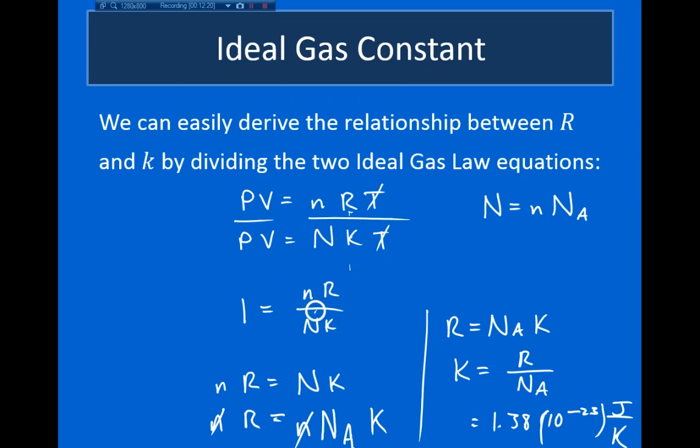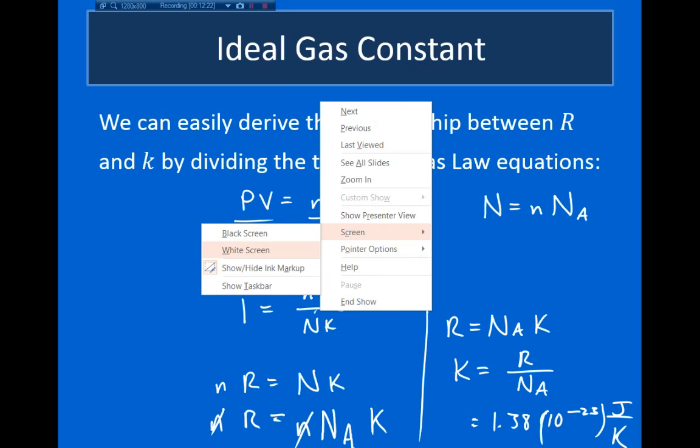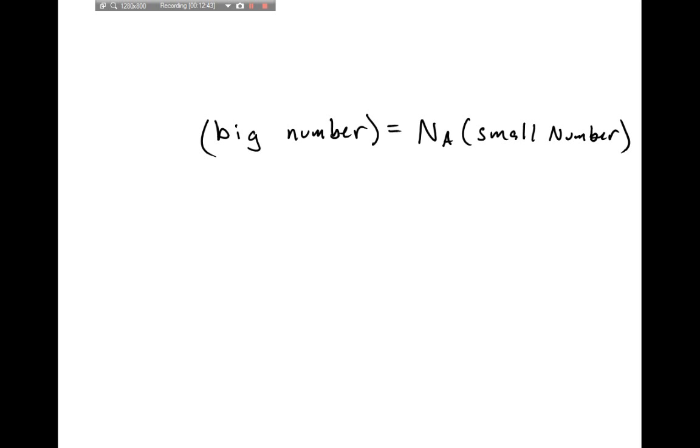And another thing I should point out, let me just open up a blank screen here. It turns out that anytime you have big numbers and small numbers like this, the big number is always equal to Avogadro's number times the small number. So for example, we have R is equal to Avogadro's number times k.